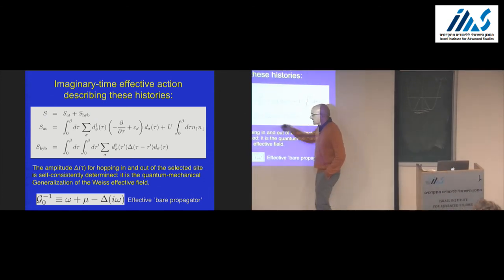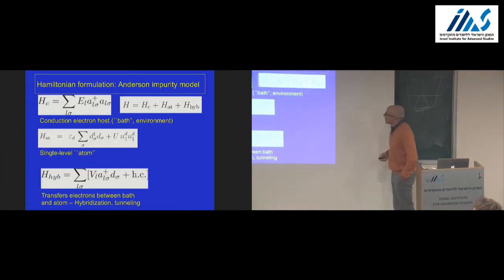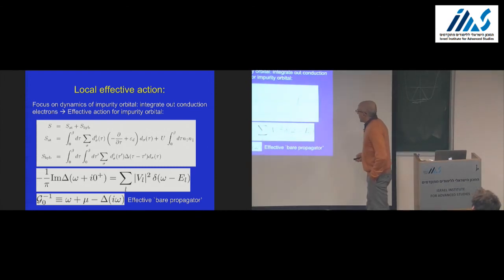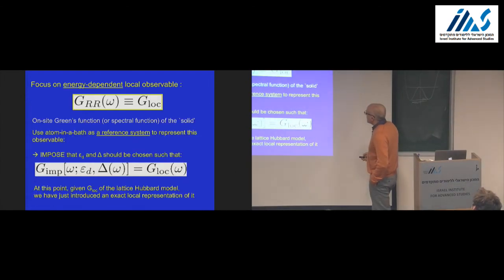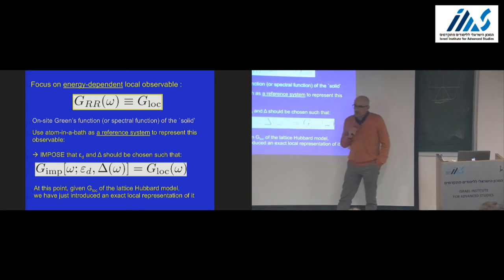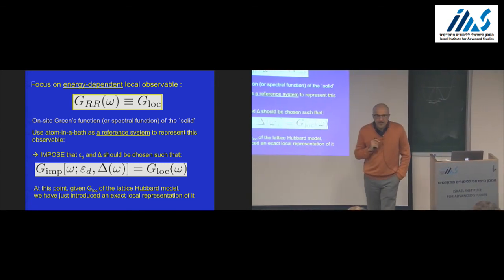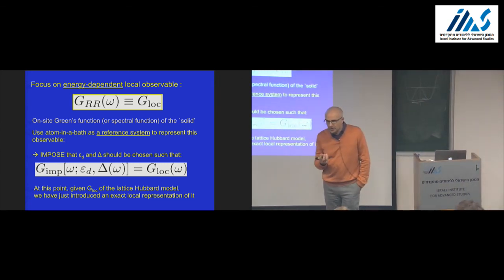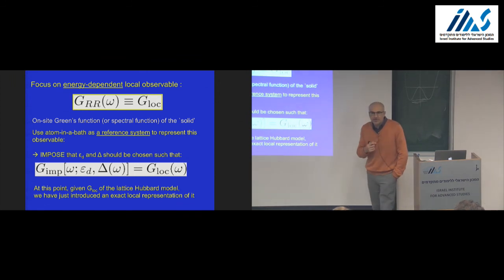Good. So I need to tell you how to determine delta. Let me give you a certain point of view on this first. Imagine somebody comes and gives you the exact Green's function on a given site of the Hubbard model.